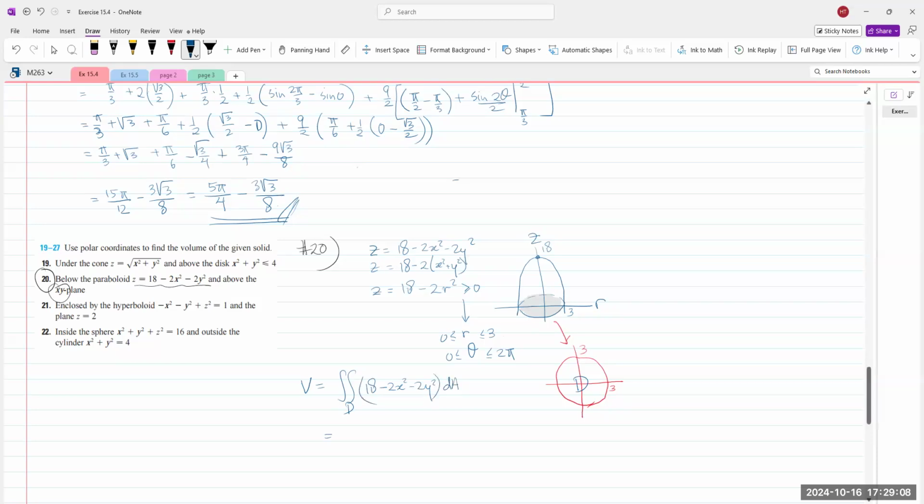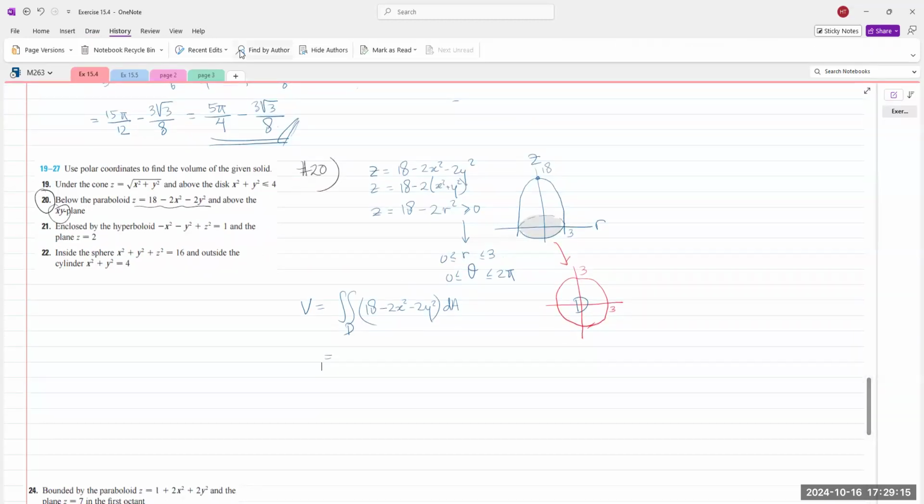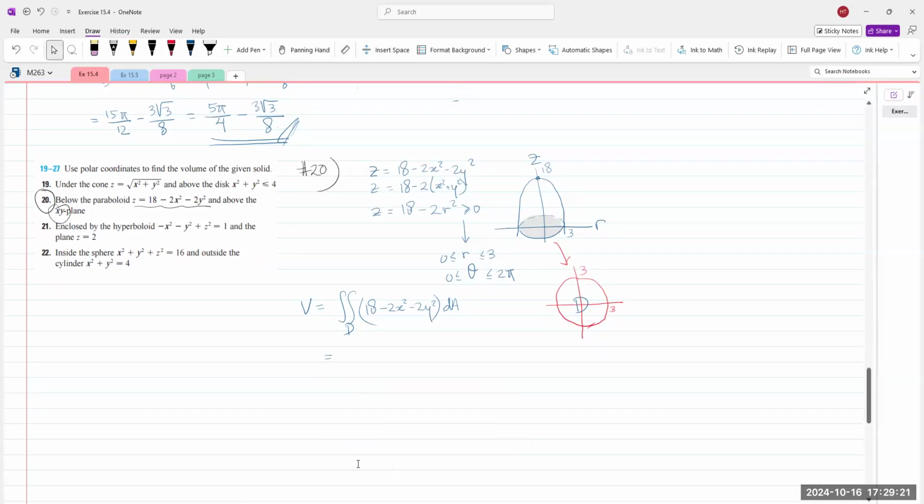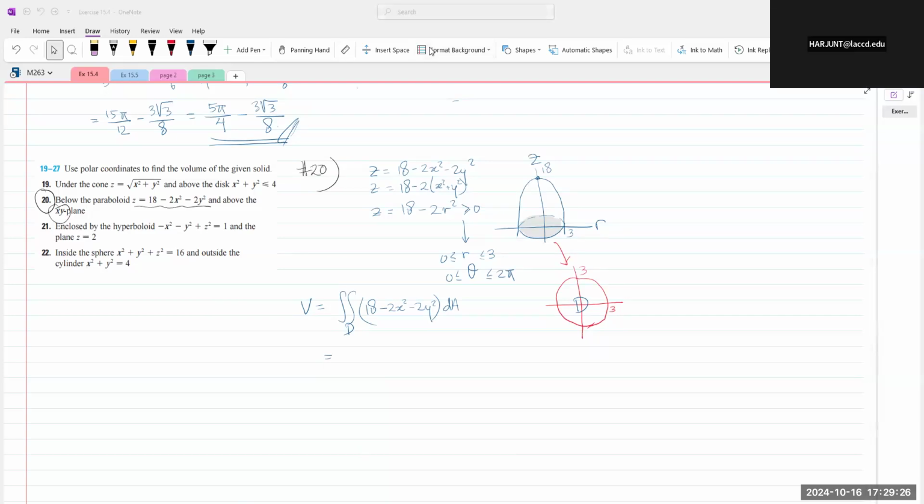Because of the shape of the domain, it's a disk, the integrand will be a lot nicer if we treat that in polar. It takes two things. First one, the domain is a nice shape if we see it from a polar point of view. And the other thing is the integrand is nicer when we convert it into polar. Using those two, we have better reason to convert this into polar integration.